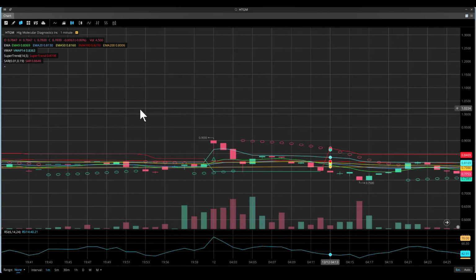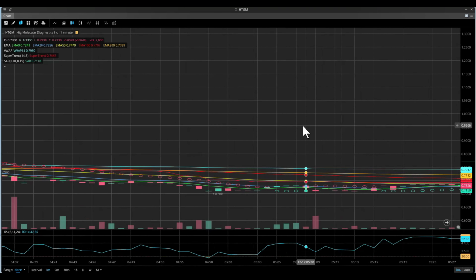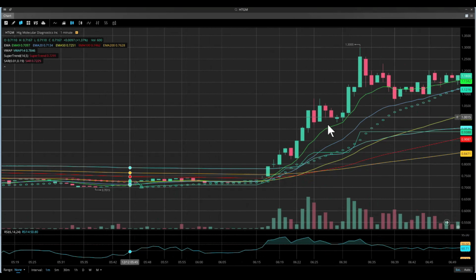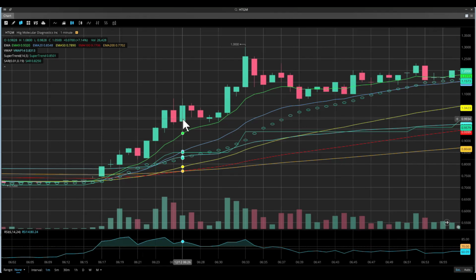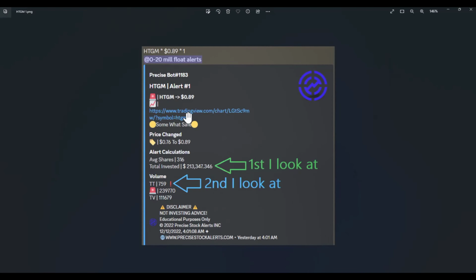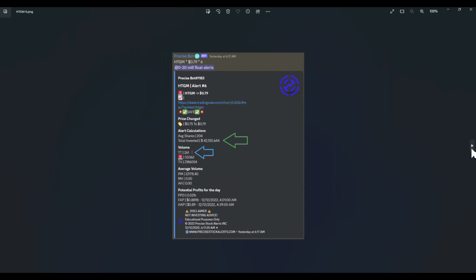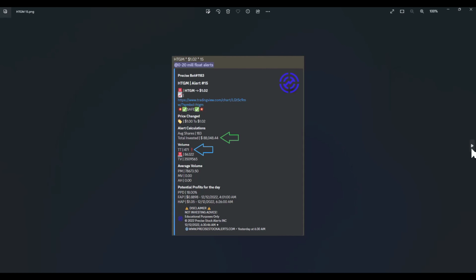Let me find a place in this chart for better explanation. So 6:26 a.m. Let's say there was an alert. Actually, there might have been 6:26. Okay, 6:30.